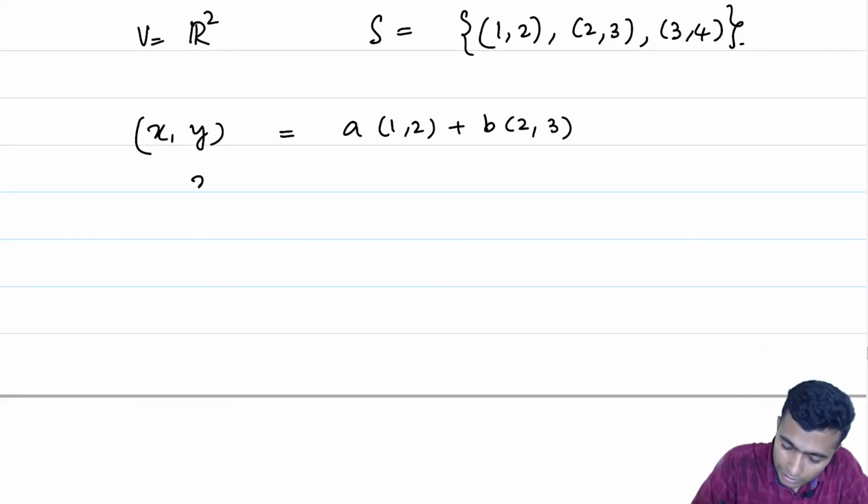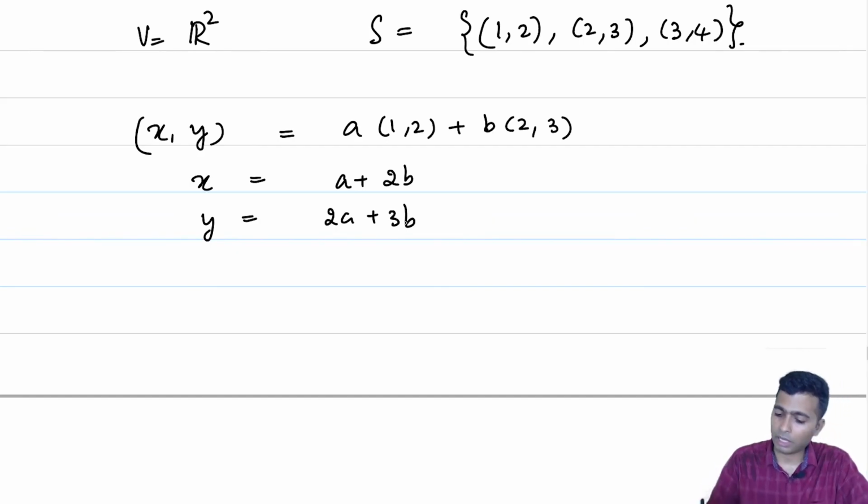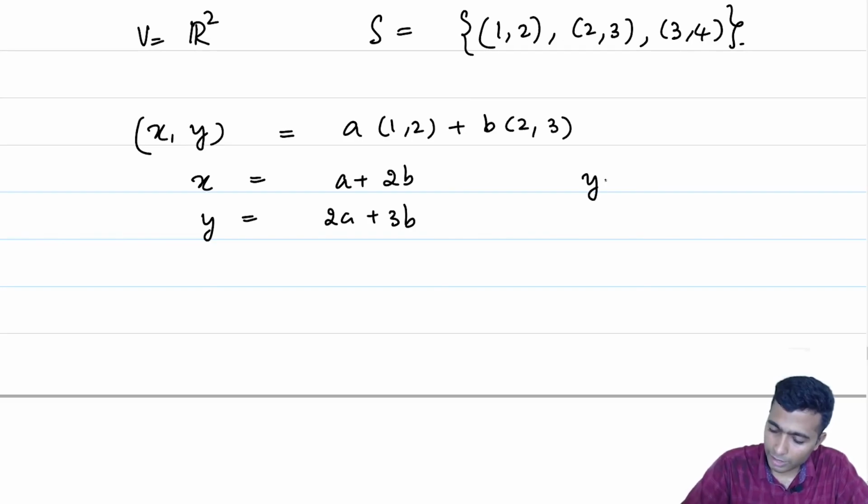Well, this just tells us that x is equal to a plus 2b and y is equal to 2a plus 3b, and this tells us that y minus 2 times x, or minus of this, is equal to b.